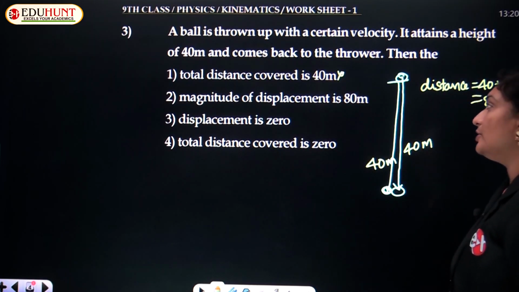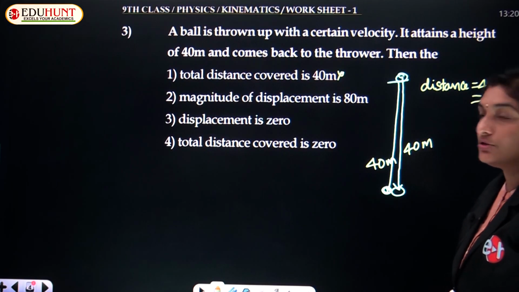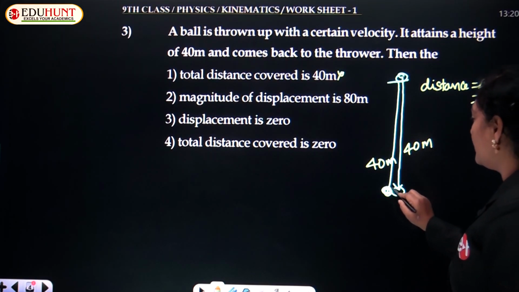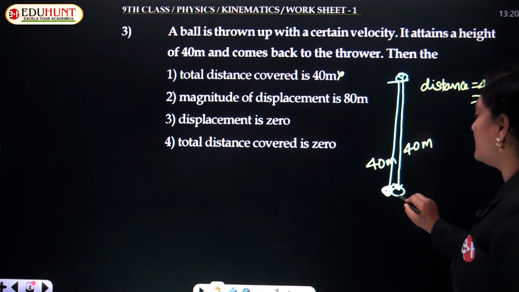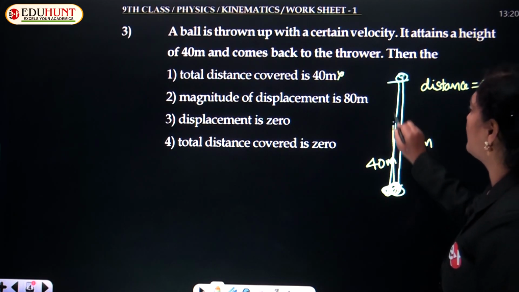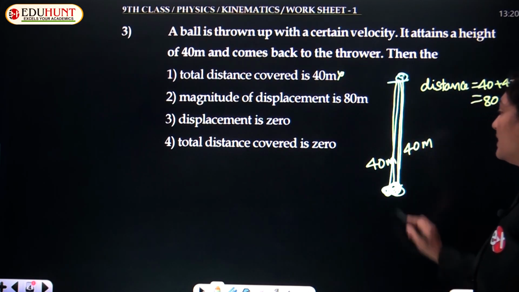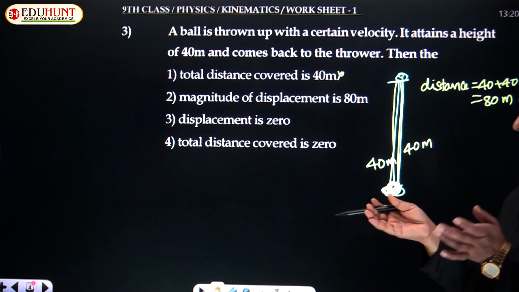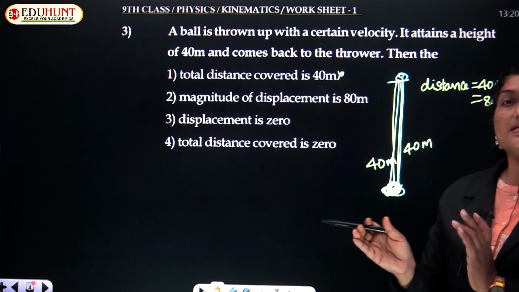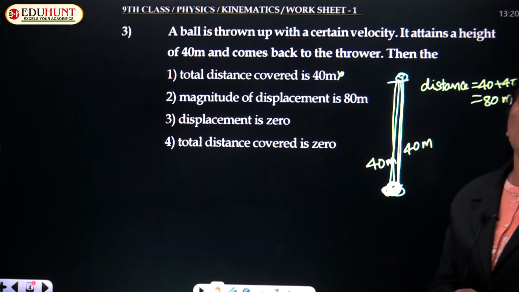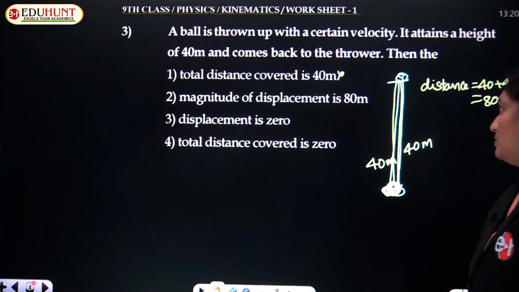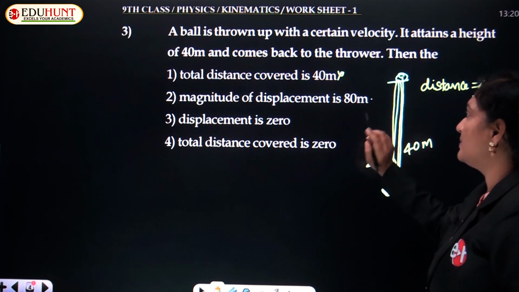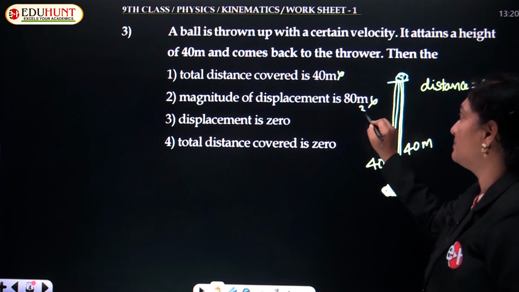What is the magnitude of displacement? If you observe, the initial position of the ball is here, and even the final position after going here and again coming back is also the same. So, the distance between the initial position and the final position is 0. So, the magnitude of the displacement is not 80 meters, it must be 0.